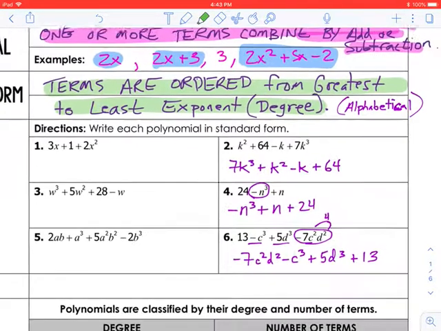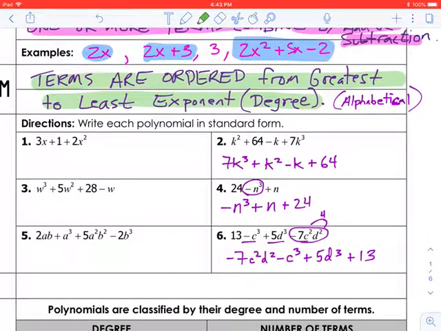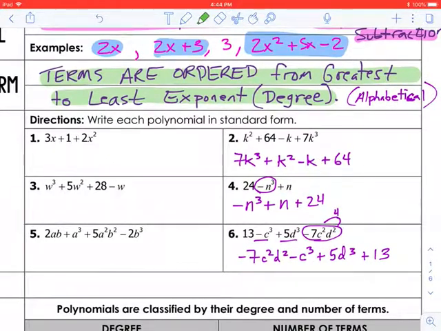So when you look at these examples here, number 2, the highest exponent we have is k to the third. So that goes first. Then the next one is k squared. So that goes second. And then k, and then the constant. Okay, so that's standard form, making sure you have it in the correct order. And so you always want to try and get the highest one first.